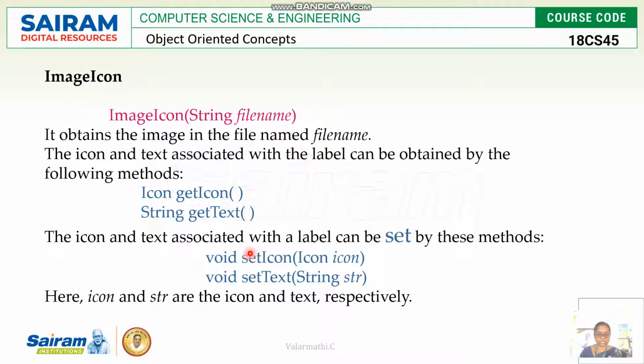Setting the icon and setting the text is done with the help of the set methods called setIcon(icon) and setText(string). To receive the icon and text values, we can use the getIcon and getText methods respectively.